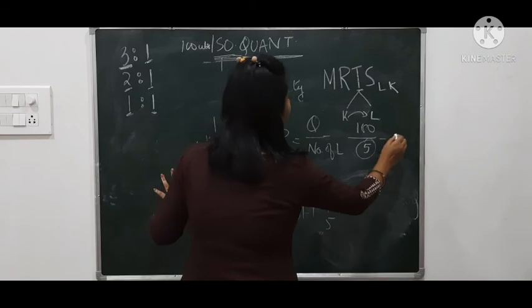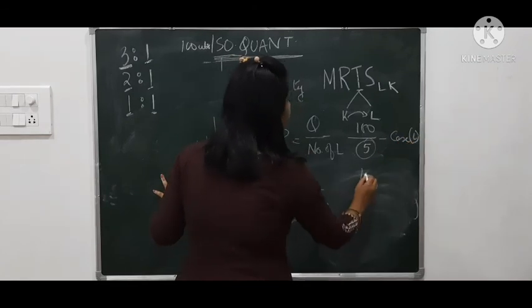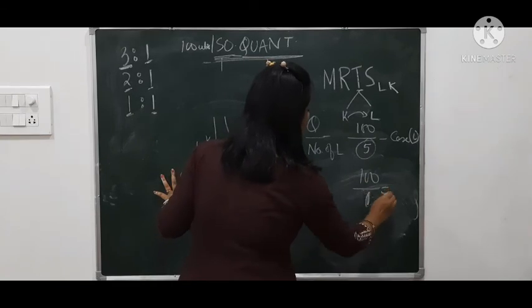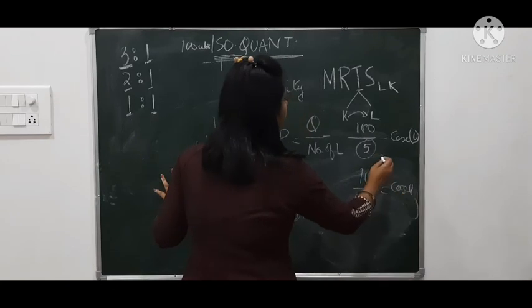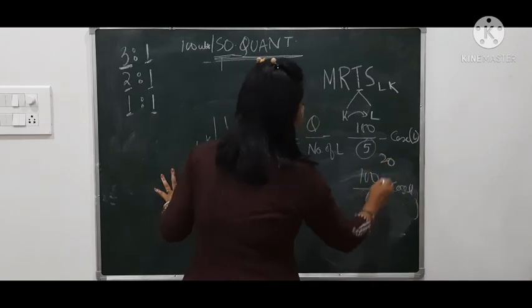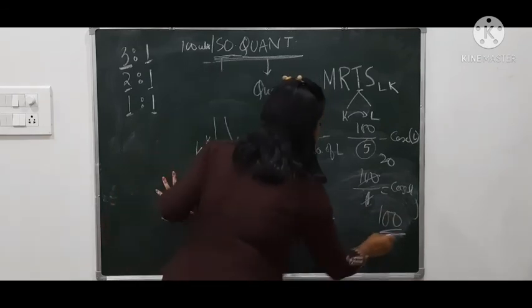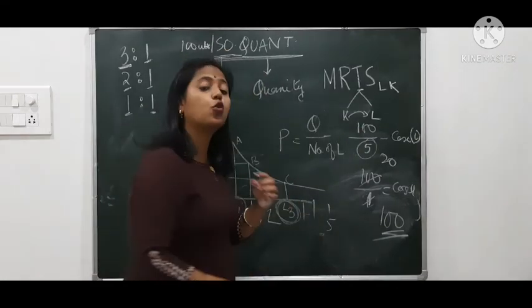This was the last case, and in the first case I was using 100 by 1, only 1 labor. In this case my productivity is 20, but in the first case my productivity is 100. So productivity is highest here, but as you increase more labor, the productivity goes down.